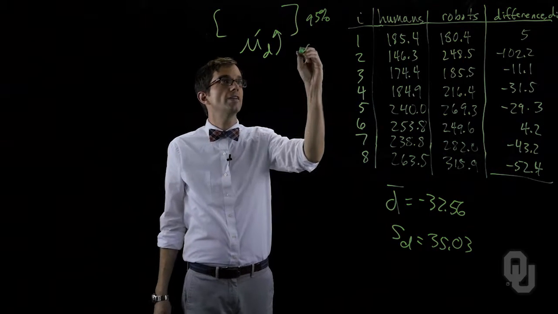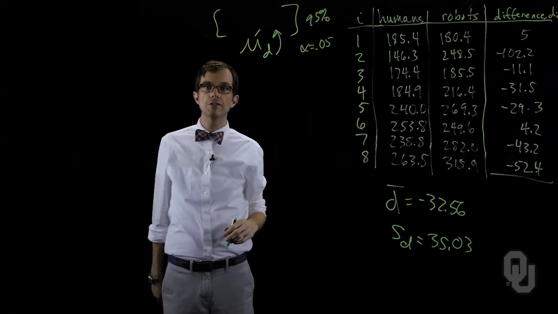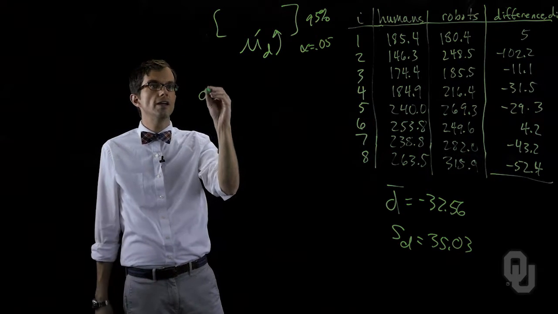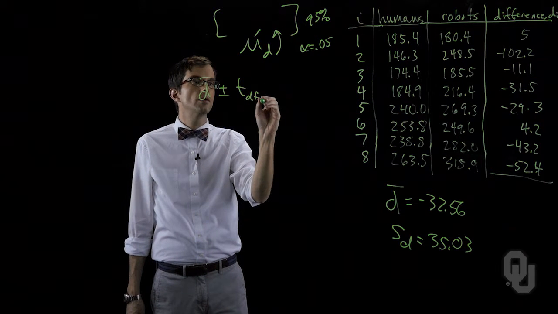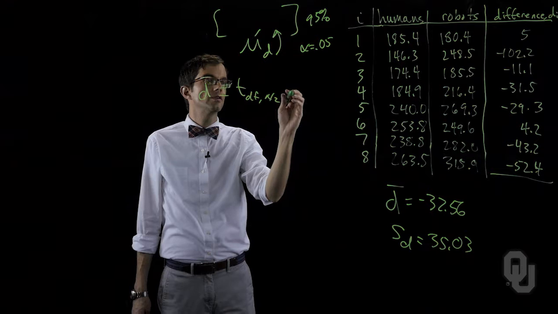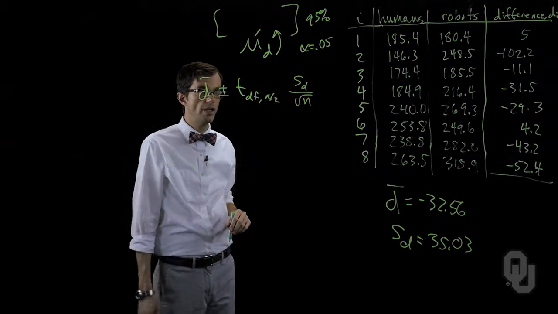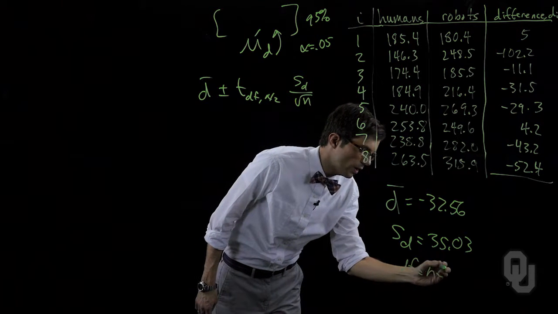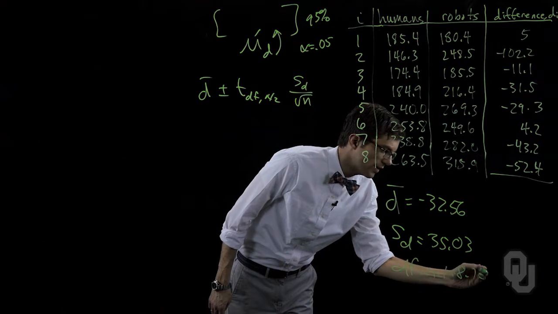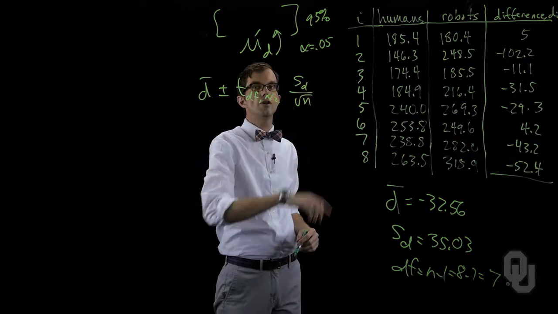That means that alpha is 0.05. So what is our equation for the confidence interval? It's d bar plus and minus t for our degrees of freedom, alpha over 2 times s sub d over root n. Degrees of freedom, just n minus 1. That's 8 minus 1, or 7. Alpha over 2, 0.025.